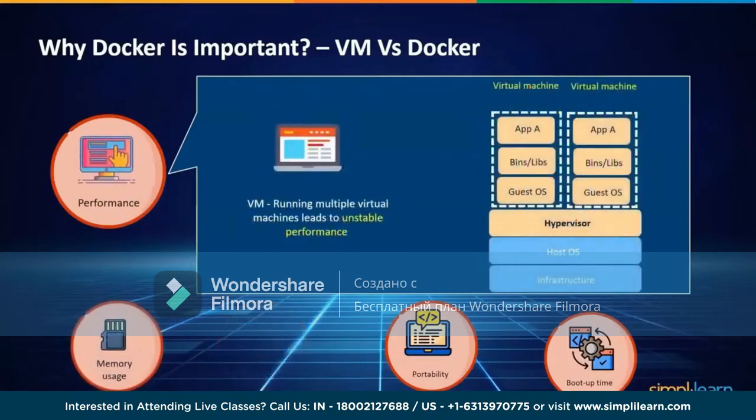Now in a virtual machine, on the physical infrastructure you put a base operating system, and on top of that you have the hypervisor, which is then used to create the virtual machines, each having a guest operating system inside it. The issue here is that you have two operating systems.